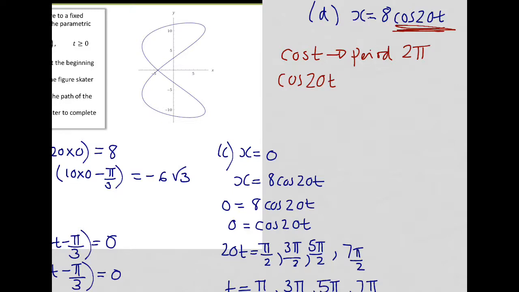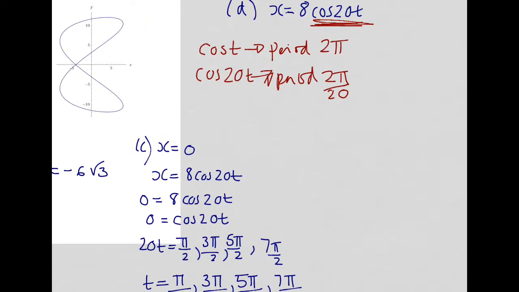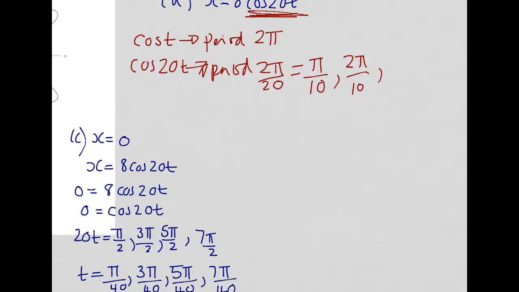And from that, I can say my period would be 2 pi over 20, which is the same as pi over 10. And then the next time that would happen would be pi over 10 later, which would be 2 pi over 10, and then another pi over 10 after that, so it'd be 3 pi over 10. So that's how often it would repeat.